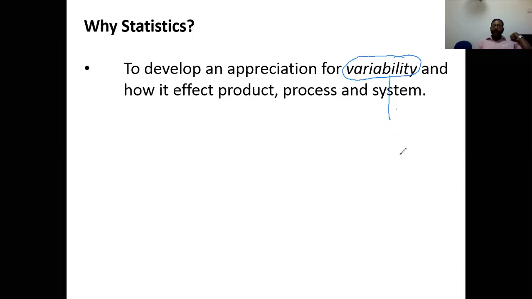Take your class. If you measure the height of individuals, do you see all of you are the same height? No, due to several reasons. Maybe genetic factors, maybe environment, maybe food habits. All these matter for height, right?